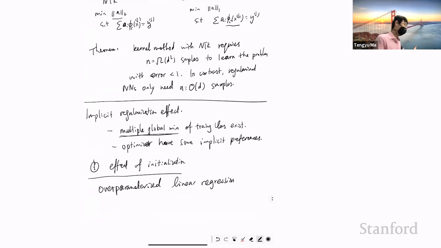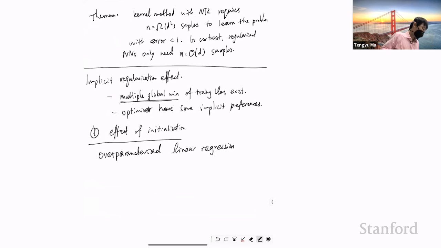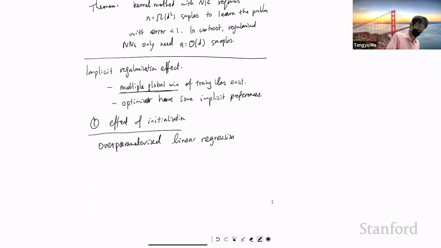You have to have multiple global minima so that the optimizers have a choice between them. That's why we need overparameterized regression. Actually, there are infinitely many global minima when you have overparameterization. And we'll see that in this case, small initialization prefers a low norm solution.